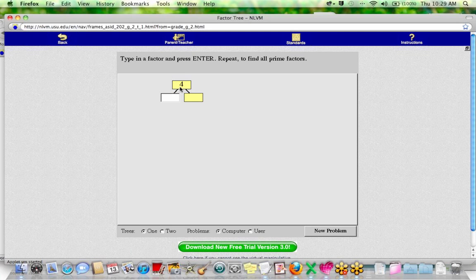Okay, so, oh, this is easy. Who wants to do this very first example? Ashley. 2 times 2. Perfect. Oh my goodness, that was simple. Oh, this one's slightly harder, but not much.